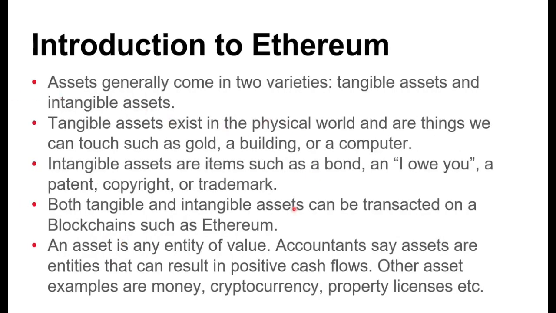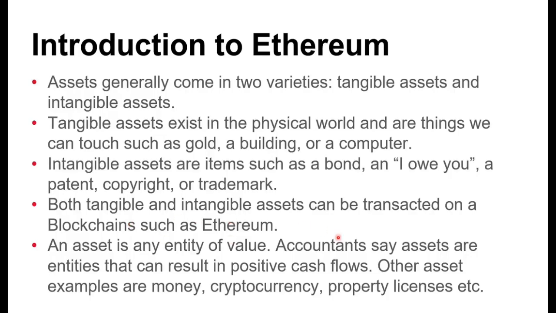Assets generally come in two varieties, tangible and intangible. So a tangible asset is something physical that we can touch, hence the name. So things like precious metals, homes, buildings, computers, laptops, phones. Intangible assets are things like an IOU, or a patent, or a copyright, or a trademark, or even computer files.